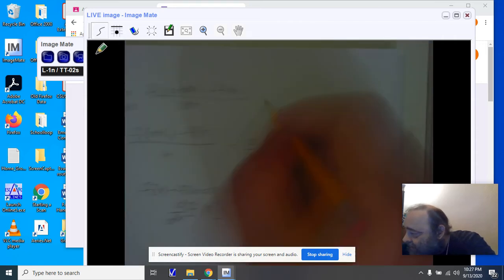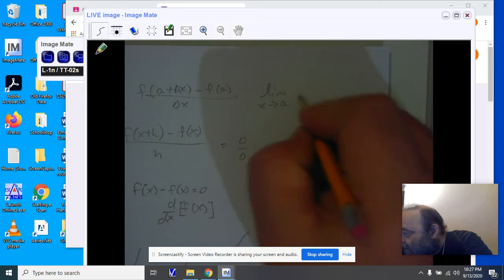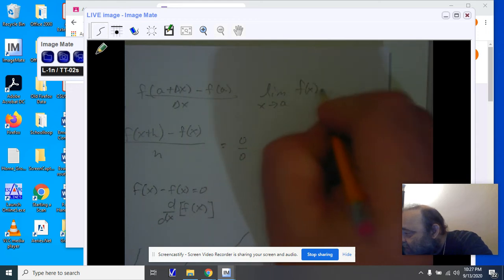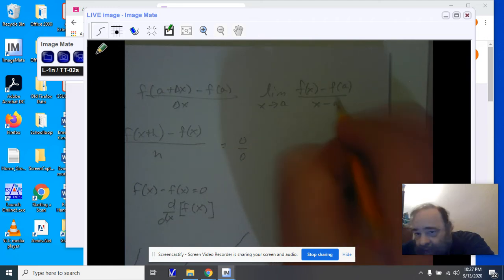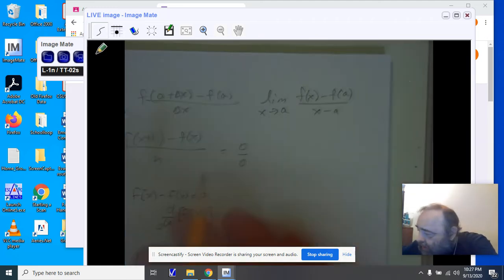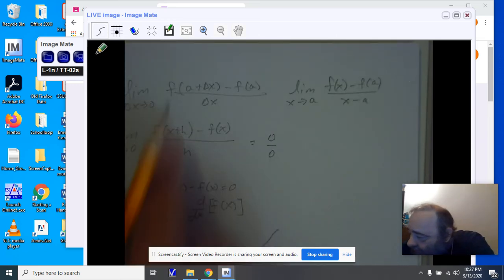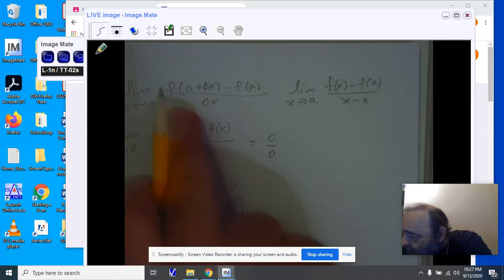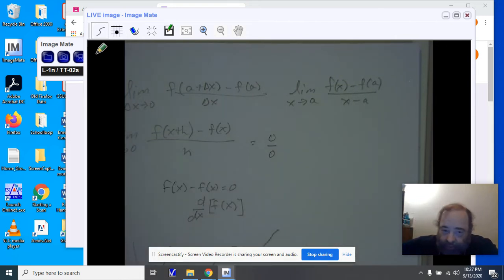We've even seen this as the limit as x approaches a for f of x minus f of a over x minus a. All of these were forms of our derivative. And all of them are limits as the slopes approach the same thing on both sides.